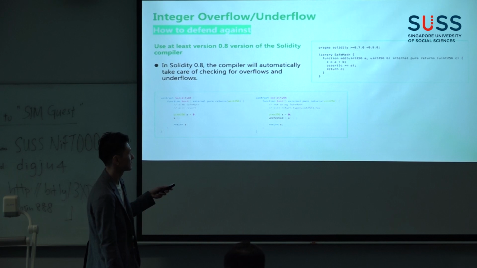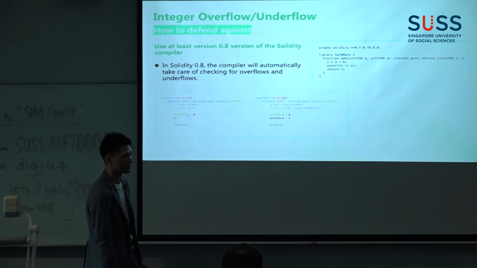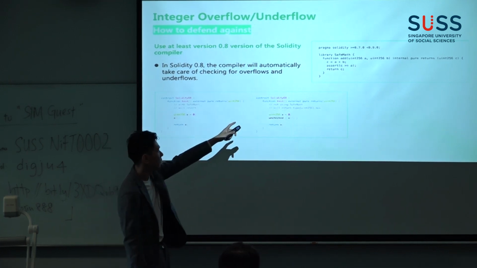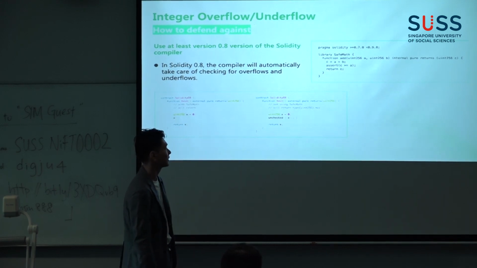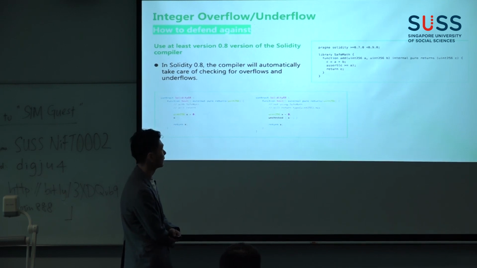But what if a contract uses a compiler version older than 0.8, which is a lot of contracts? There's a library called SafeMath that will help you. You can see we're using the assert statement that will make sure that overflow and underflow do not happen. We have to be extremely careful.